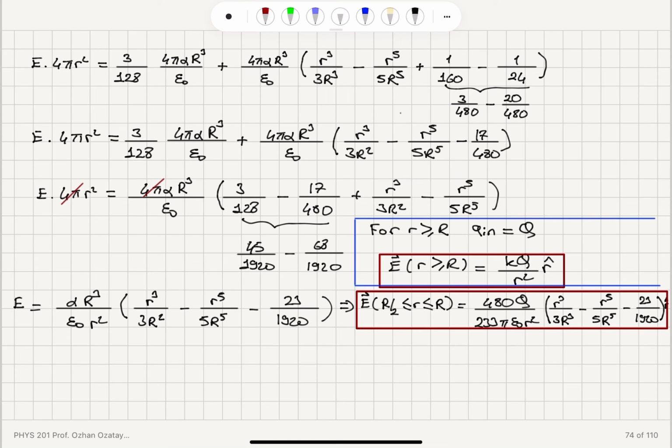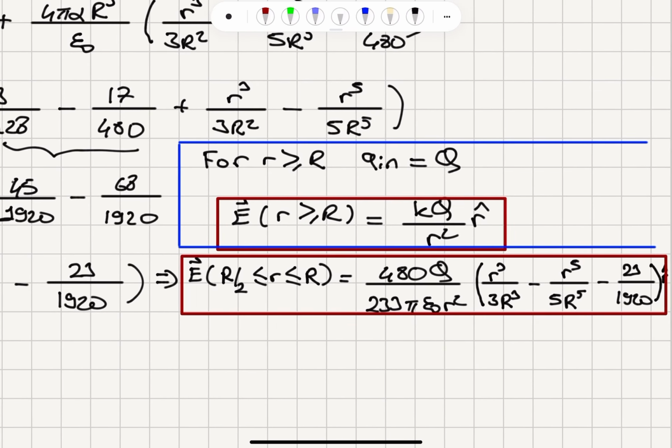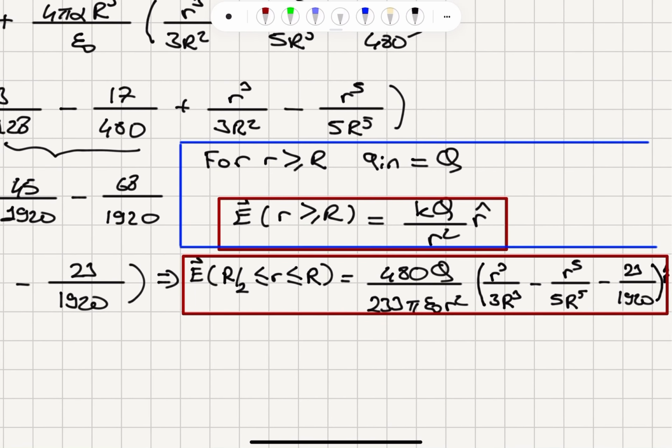And in our final answer, because we don't want alpha, we substitute for alpha the answer from part A. So we obtain this result. So here, this is in r hat direction.